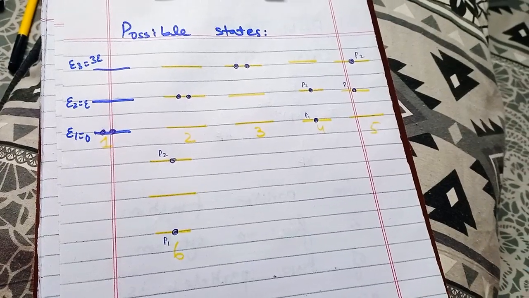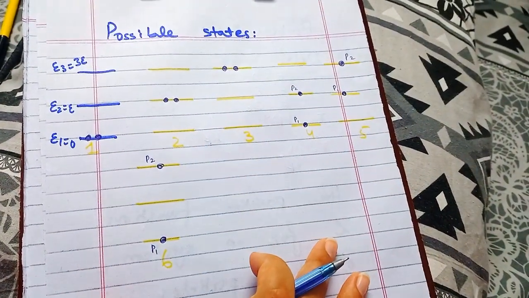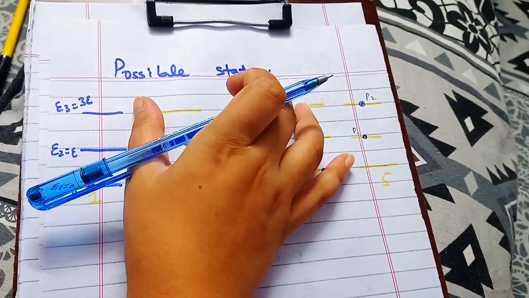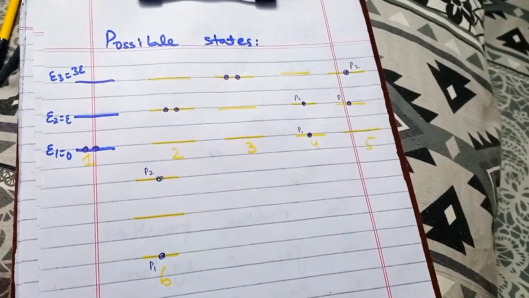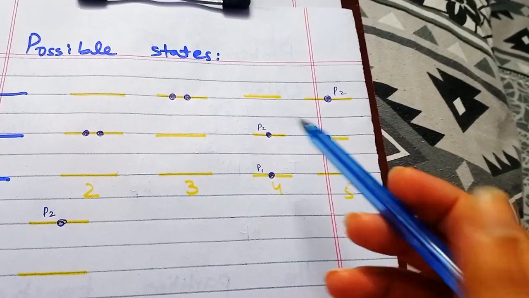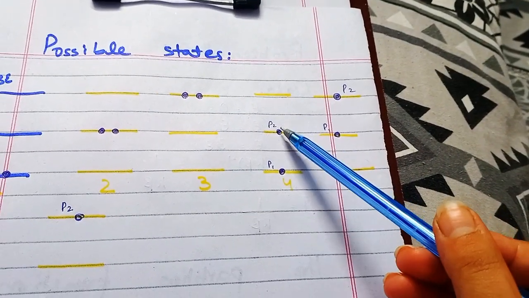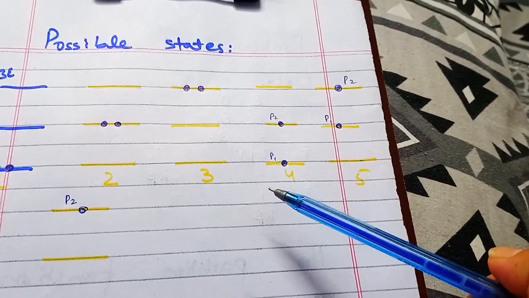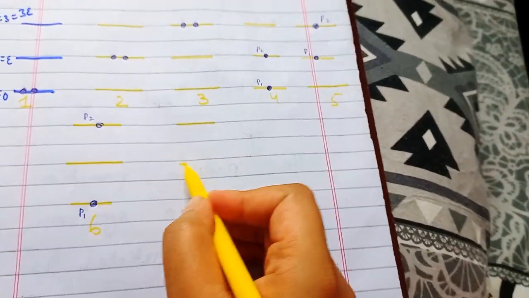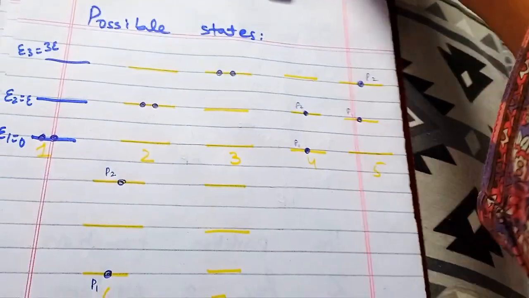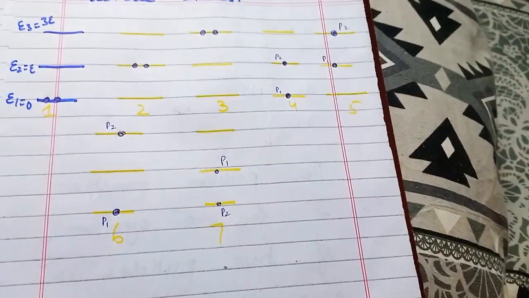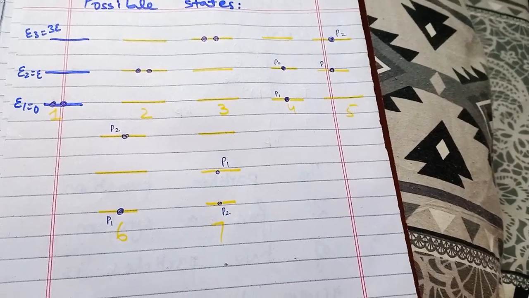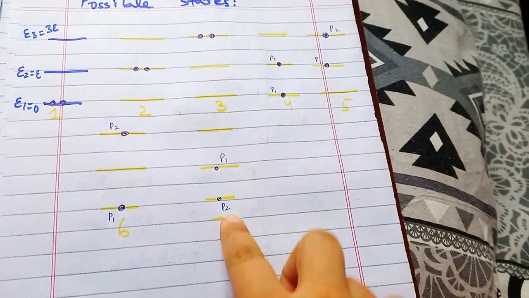As I told you, whatever configuration and number of possible states we are getting is for the identical particles. Now what this means is that you can see P1 is here and P2 is here. There could be another combination where, let me draw this level diagram here, P2 is here and P1 is here, because this is another state if P1 and P2 could be distinguished.